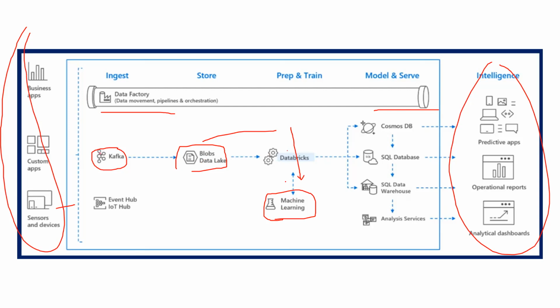Once you are processing this machine learning, the output has to be saved. The output from machine learning can be saved in Cosmos DB or SQL DB or SQL warehouse. These are where you go after your machine learning algorithms are done. So this entire thing is handled by Databricks. Databricks is a platform which handles all of these.